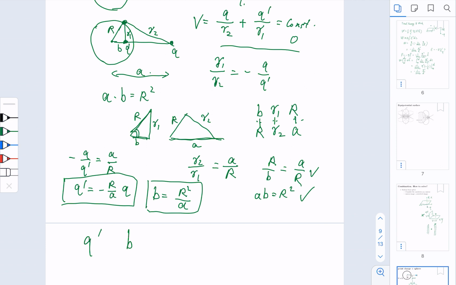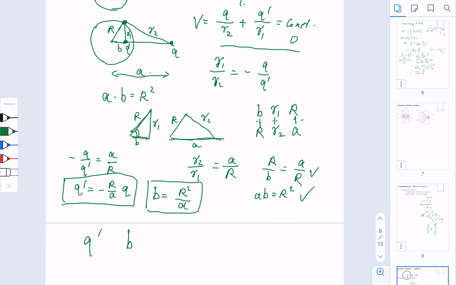If we know this kind of solution exists, then we don't need to rederive that. We can simply pick two arbitrary points, and if we have two points that satisfy V equals 0, then that should solve for Q prime and B.